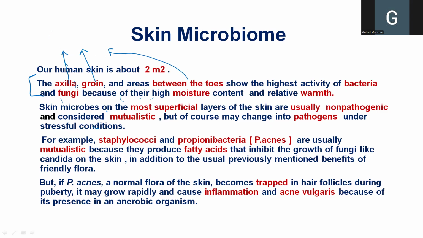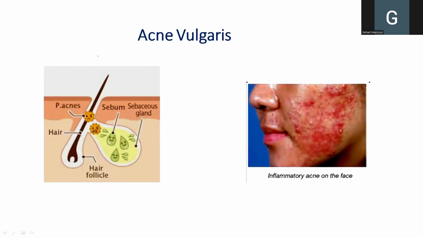All these areas have warmth, have retained moisture, because they are folded, hidden areas. They are not exposed areas. We covered the rest of the slide. We covered acne vulgaris, which is important to know the signs and symptoms of, like swelling, like redness, like pain, and of course, the pathogenesis.